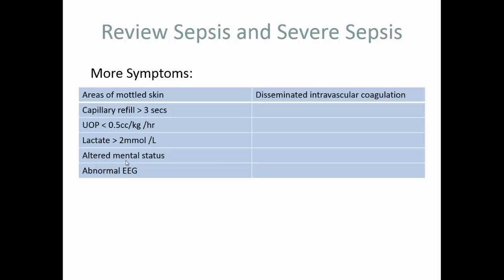A few other symptoms you may notice would be mottled skin, capillary refill greater than 3 seconds. In the hospital, we may notice urine output less than 0.5 cc's per kilogram per hour, a lactate greater than 2, abnormal mental status. If you're not perfusing your heart well, you may get an abnormal EKG. You may see DIC once the patient's been septic for a bit. And DIC is abnormal clotting and bleeding, kind of a combination of both.